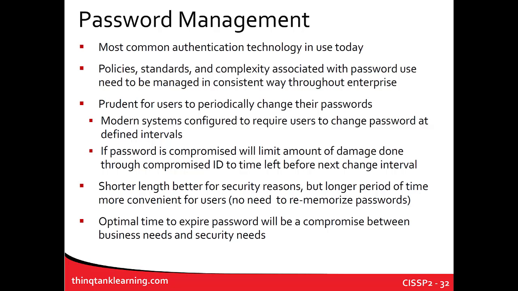All right. If passwords are compromised, we need to limit the amount of damage that's done through that compromised password, right? The damage window gets limited to how long that password might remain valid. So let's say, for example, a user's password gets compromised, but the system forces a change every 30 days.